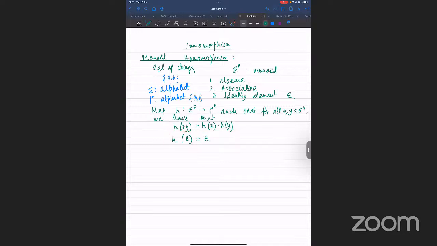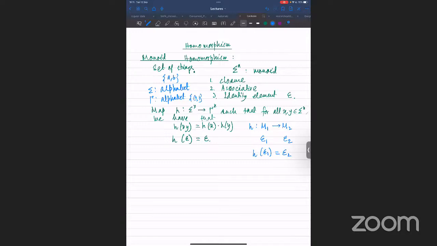In general, whenever you are talking about two monoids, suppose you have a monoid M1 and a monoid M2, with identity elements epsilon 1 and epsilon 2, and there is a homomorphism from M1 to M2, then you will have h of epsilon 1 equal to epsilon 2.